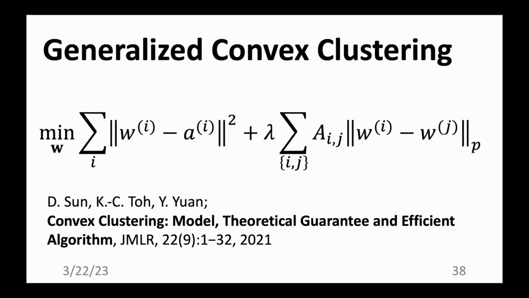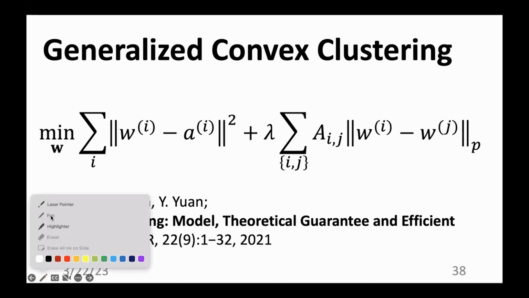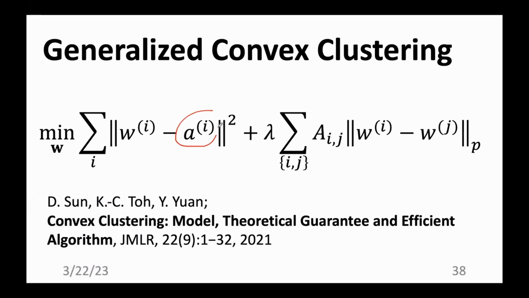Another interpretation is a form of generalized convex clustering, where for each node you have a reference vector, a vector a_i, and you want to find model parameters that do not deviate too much from these pre-specified vectors, but also have a small variation over the edges in the graph.